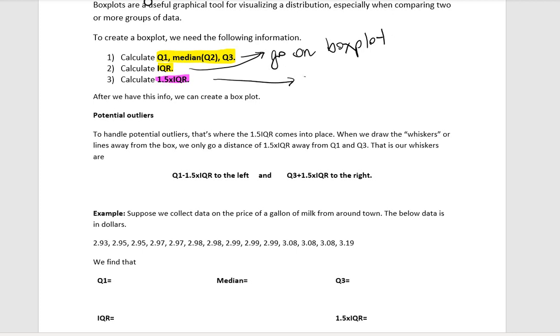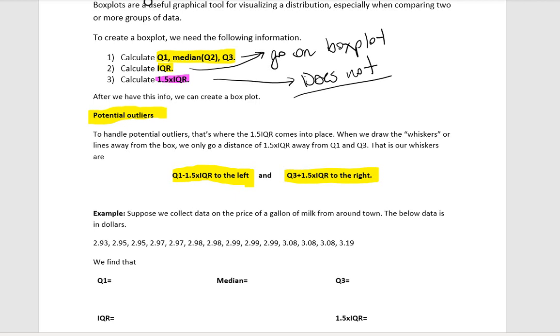This last one does not go on the box plot. What it's going to do, though, is help us to find potential outliers. When we create that 1.5 times the IQR, what we're going to do with that number is subtract it from Q1 and add it to Q3.